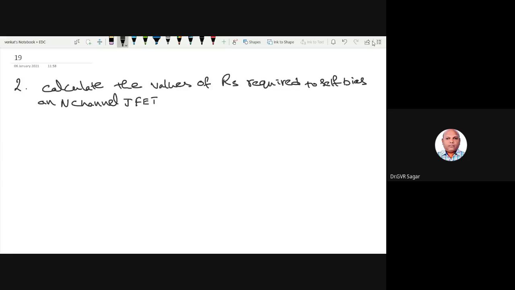An N-channel JFET with IDSS equal to 40 milliamp, pinch-off voltage VP equal to minus 10 volts and VGSQ equal to minus 5 volts.